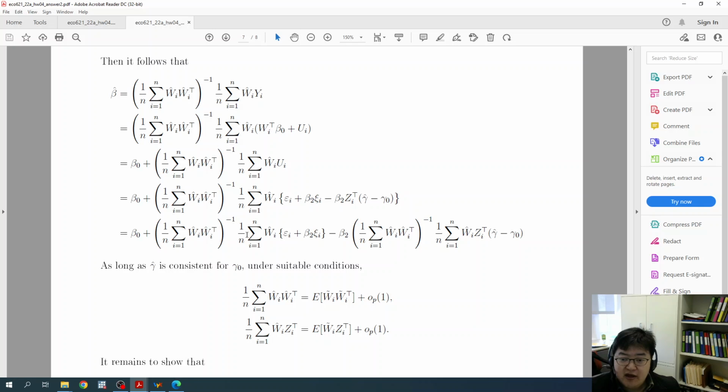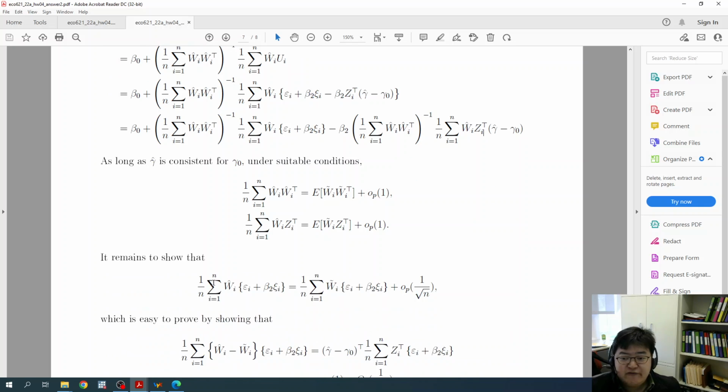And then now we are going to study this term. This one is slightly different. We have to show that this converges to this.